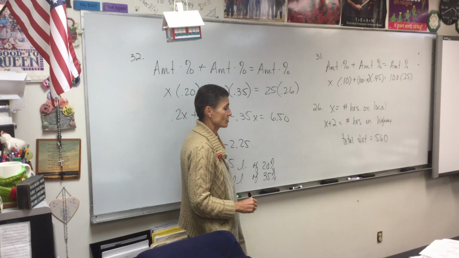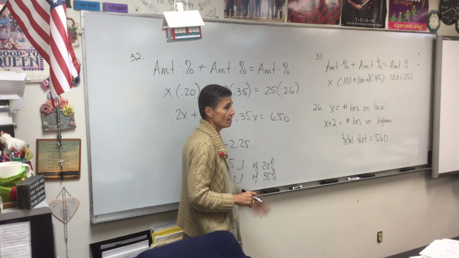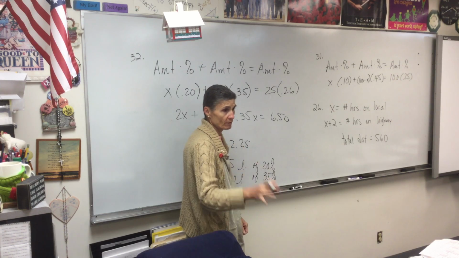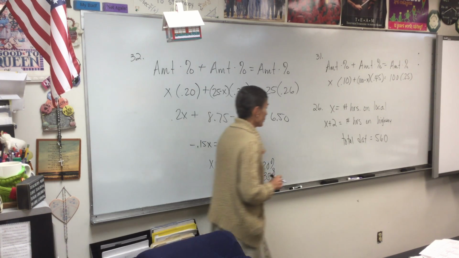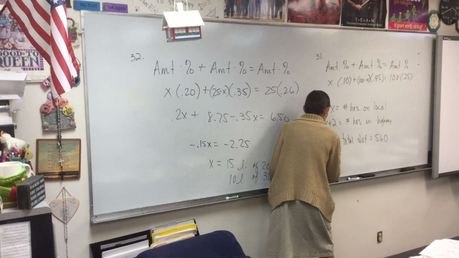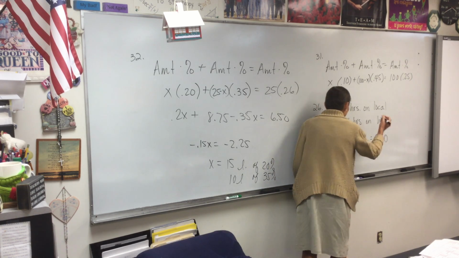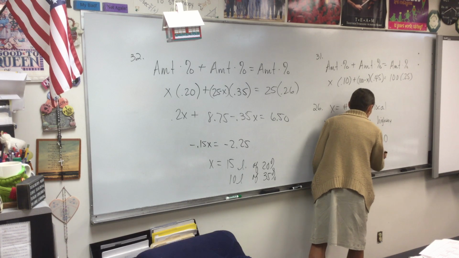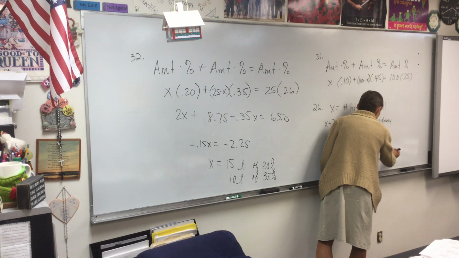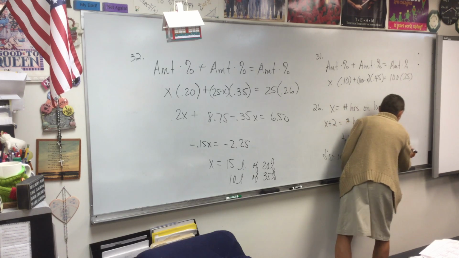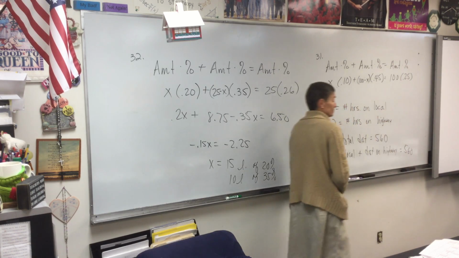Aren't you really making this trip in 2 chunks? Part of it's on the local roads and part of it's on the highway. So if we add up the distance on the local plus the distance on the interstate highway, that should give me my 560.